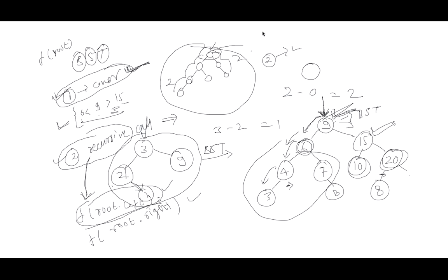When you come to 10, 0, null, null, this is correct. When you come to 20, 8 is less than 20 and we don't have anything, that means this 20 is correct. And then you come to this, so 8 doesn't have anything. That means this is also correct. But it should not be the case because we have this 9, so it should not come in the right part. How will you handle this case?